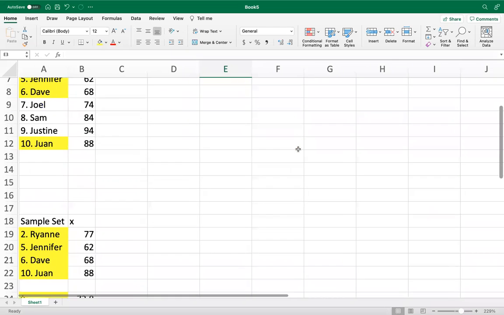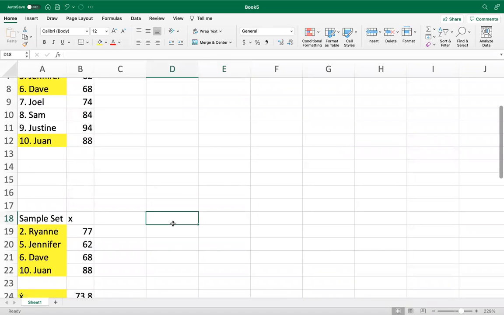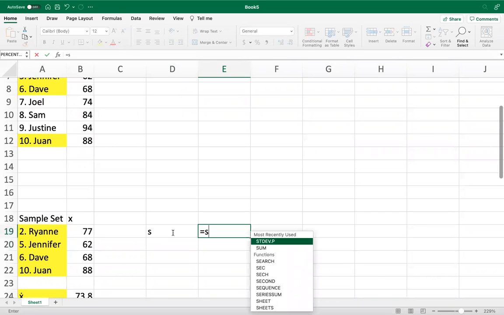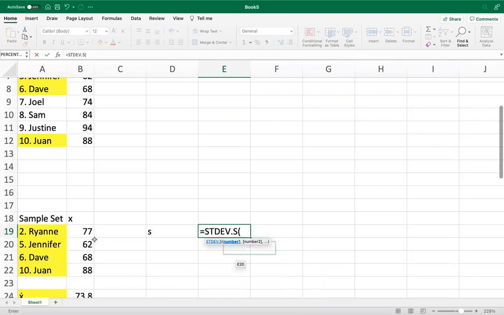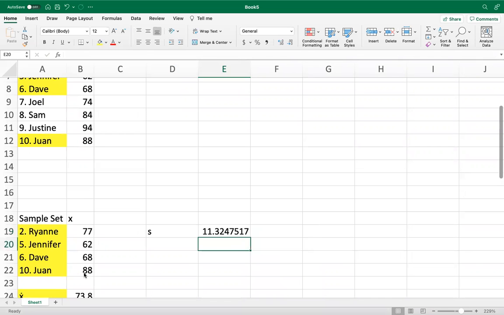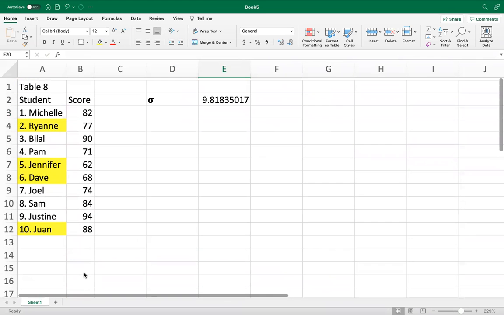And now for our sample standard deviation, remember this is denoted by simply S. So S is equal to STDEV, this time of a sample. And the sample ends up being this. And there we go. Simple as that. We don't have to do all the crazy computation by hand.